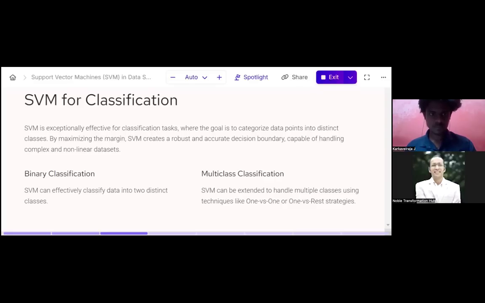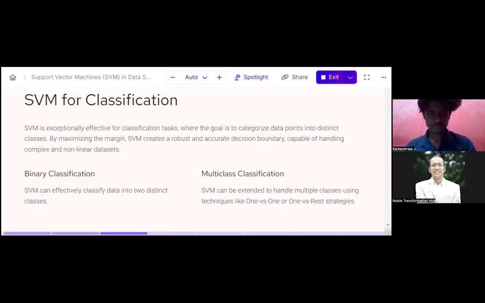Then hyperplane, and then the other point was support vectors. So the basic elements are these three, with which we make the SVM.